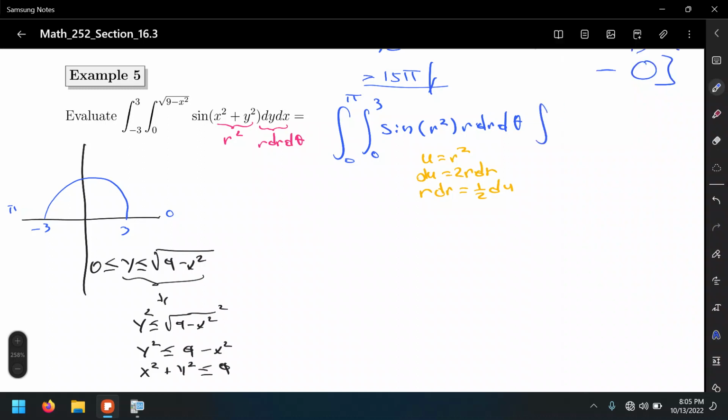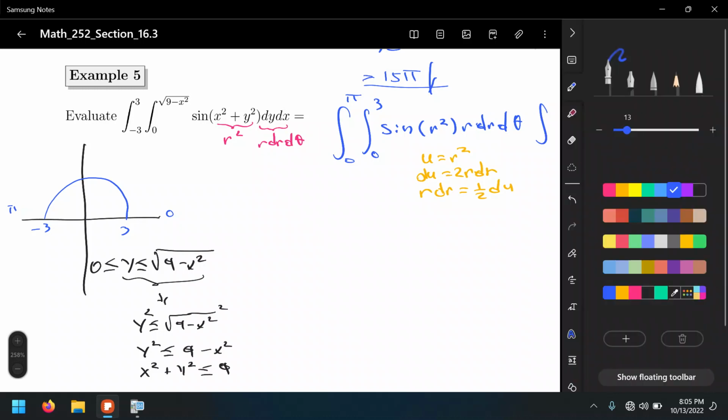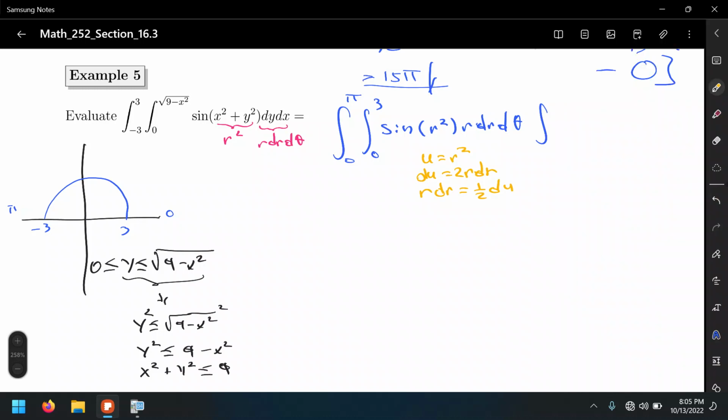And so that's going to be the integral from, how about we also change the limits of integration to avoid doing the back substitution for r squared? So u of 0 and u of 3, that's going to be 0 squared, which is 0, and 3 squared, which is 9.